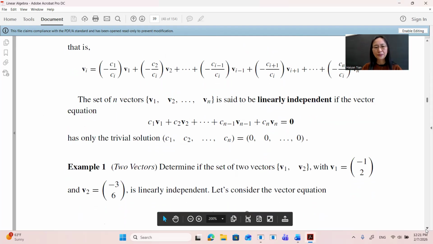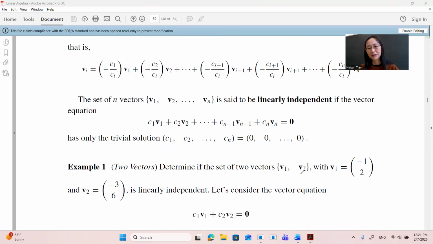So here is a set of two vectors. Suppose you have v1, the first vector, and v2, the second vector. Those are just the names of concrete vectors. In this example, the first and second vectors are given. Are they linearly independent or dependent?